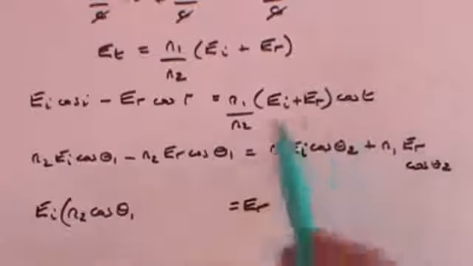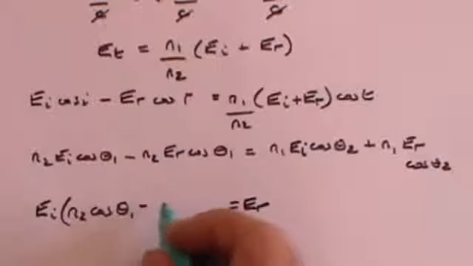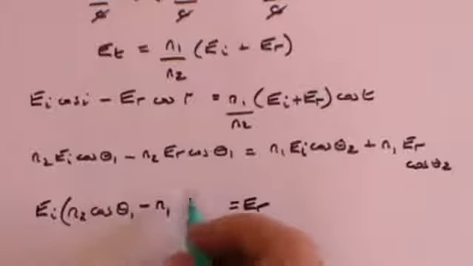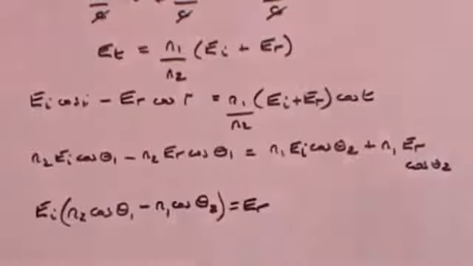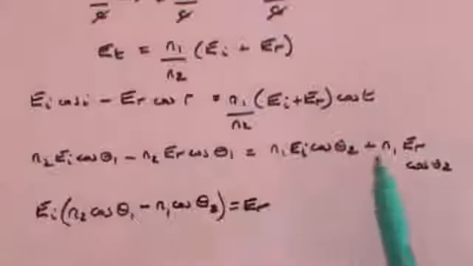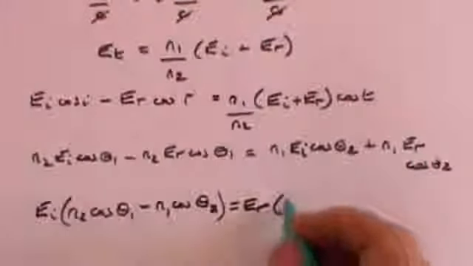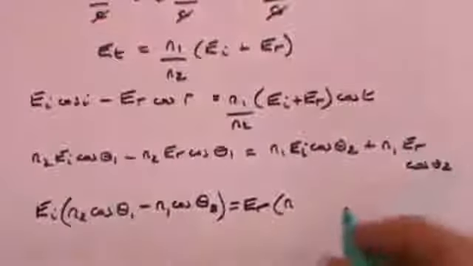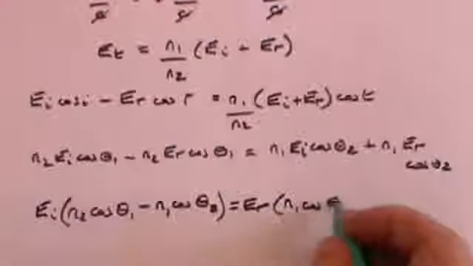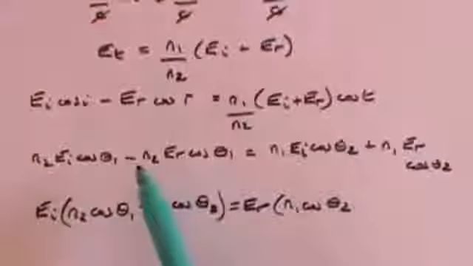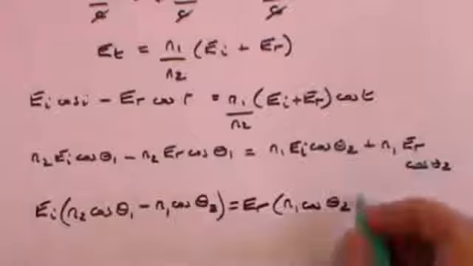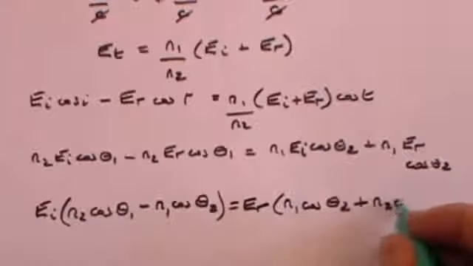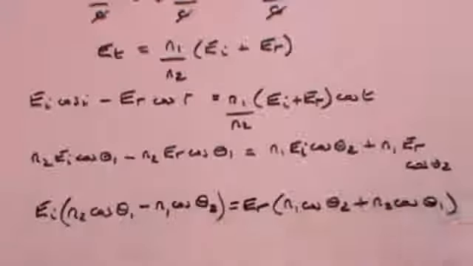When you bring that across, that must be minus, so minus N1 cosine of theta 2. What about the ER terms? Well, on this side, I've got an N1 cos theta 2. And on this side, I've got a minus N2 cos theta 1, which when you bring it over to the other side will become a plus N2 cosine theta 1.